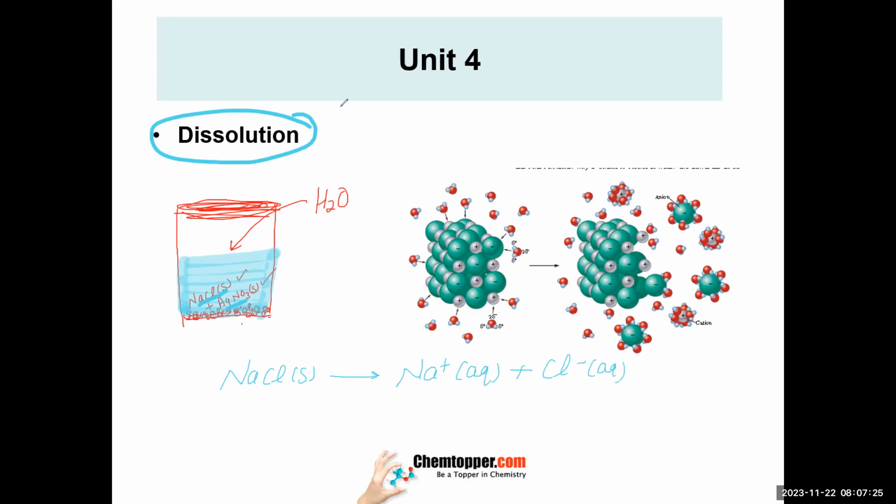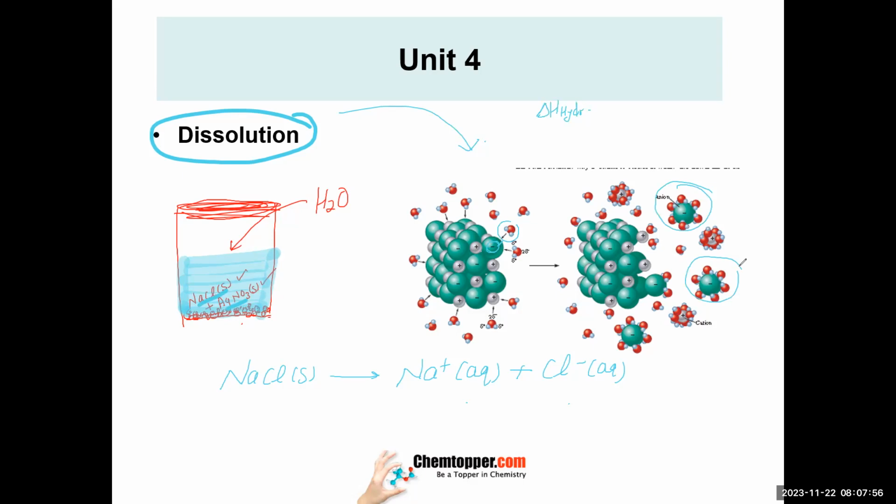This dissolution process, we discussed in Unit 3. Remember dissolution, delta H of hydration. Why is this dissolution taking place? Because the hydrogens of the water are taking away this Cl minus. We used all these words: hydration, dissolution, delta H of hydration.